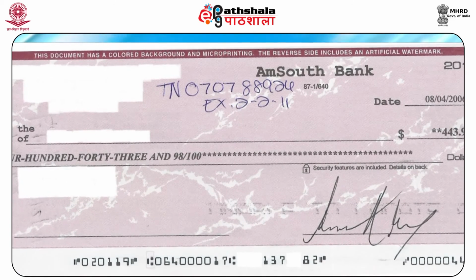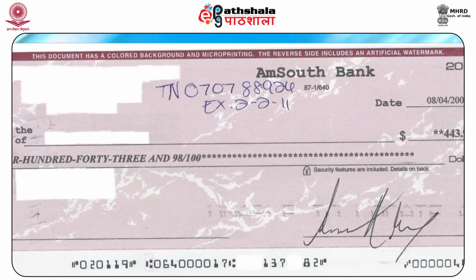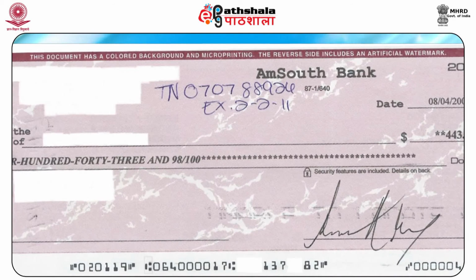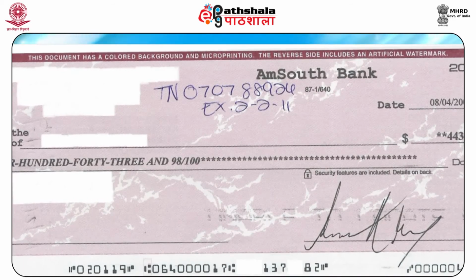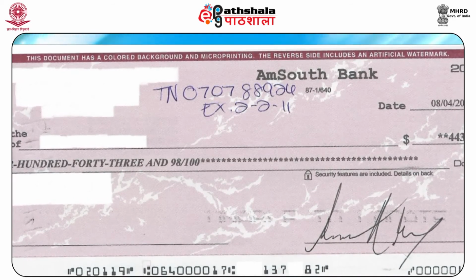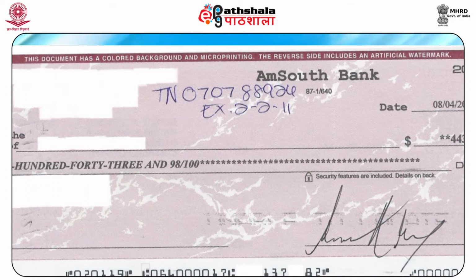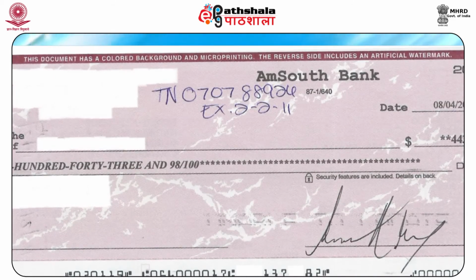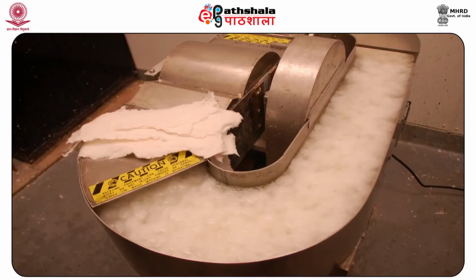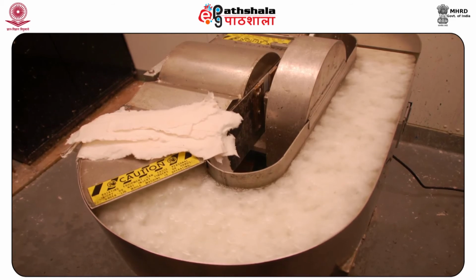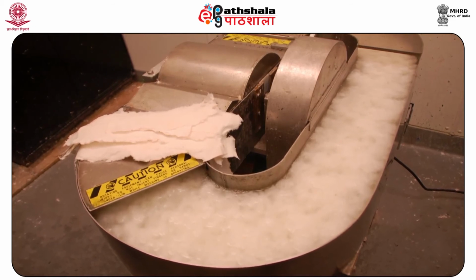In the latter case, the forgery may be detected by treating the watermark area with dilute caustic solution, which would obliterate or dim the artificial or fake watermark. Identification of the fibers present in paper pulp.